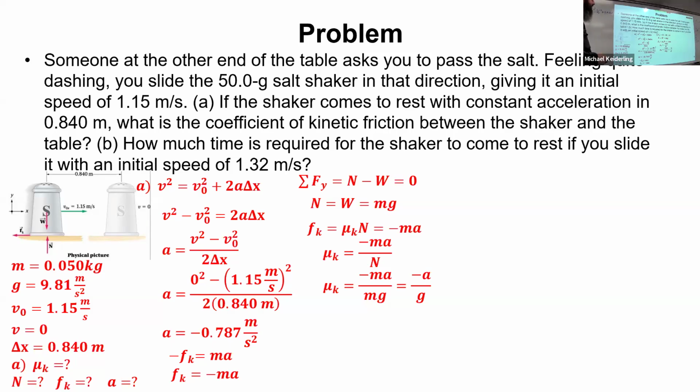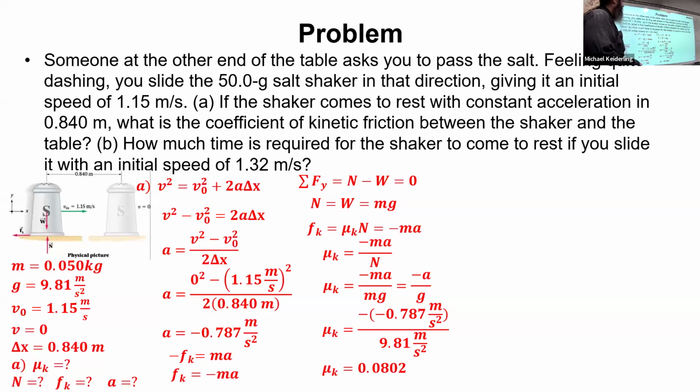Mu kinetic equals minus mass times acceleration over the normal force, which is minus mass times acceleration over mg, or minus acceleration over g. So minus 0.787 meters per second squared over 9.81 meters per second squared. Mu kinetic is 0.0802. And there are no units on coefficient of friction.